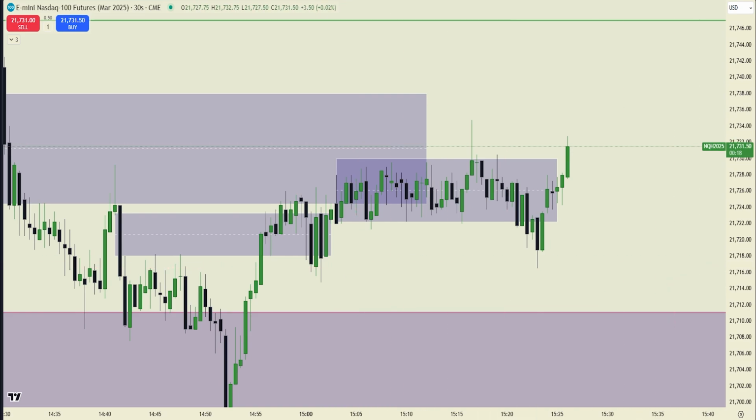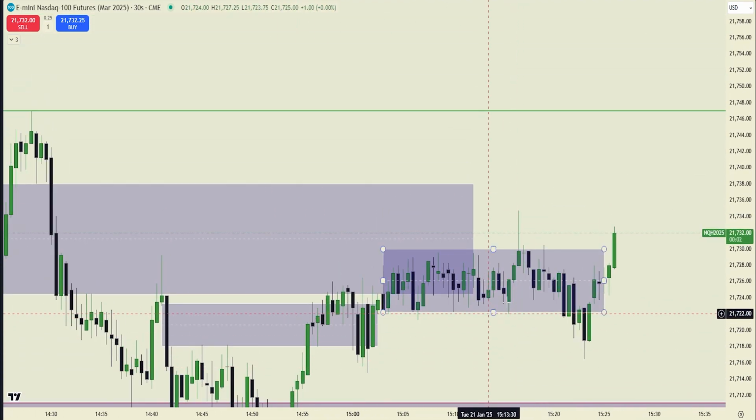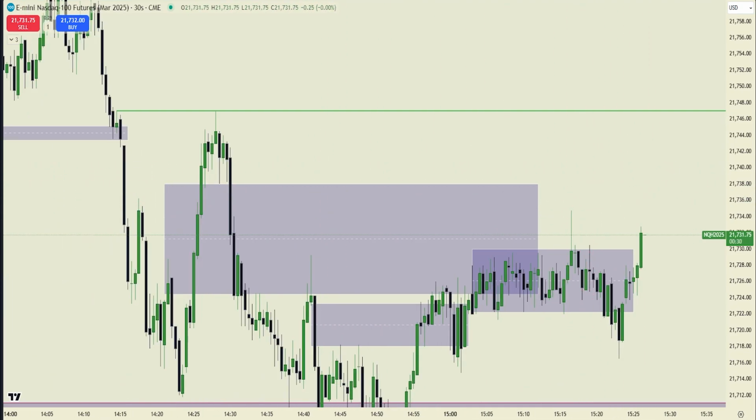And I got bottom ticked on my stop loss, and since then, it's pumped 15 points. And I didn't take any partials. I was just gonna treat it as an early entry, and then I would scale into the trade once we inverse the 3 minute.